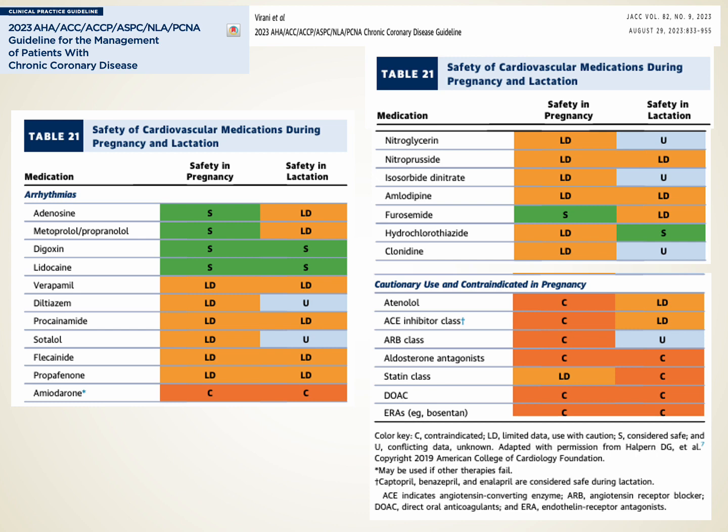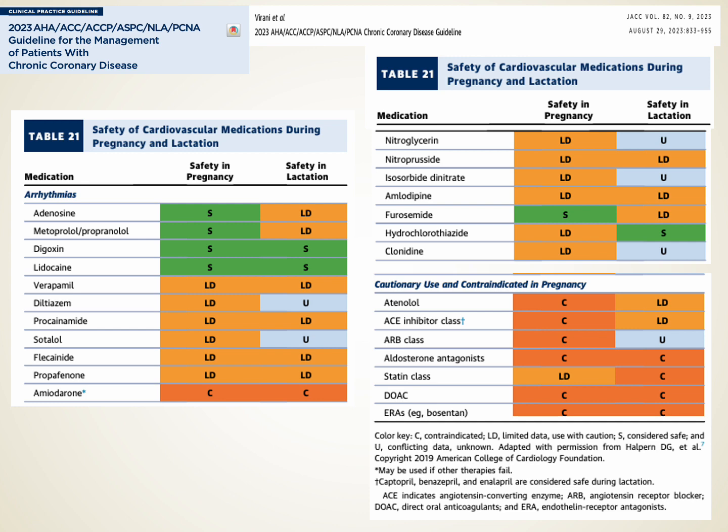Same is true on the left-hand side when you're looking at managing angina. And so in angina, in women who are pregnant, for example, it could be probably metoprolol is considered the safer choice, where you'll see the calcium channel blockers, there's limited data, and nitroglycerin is limited data.